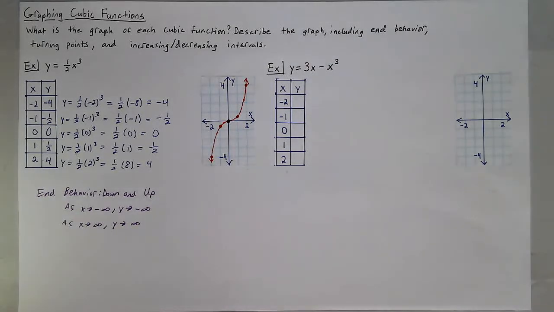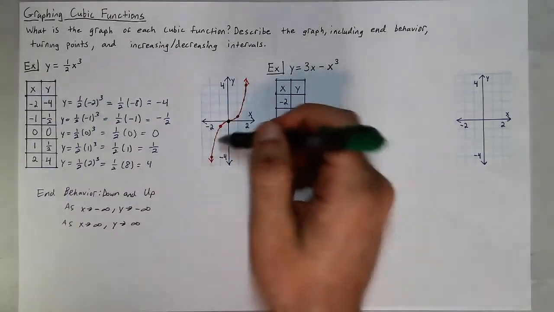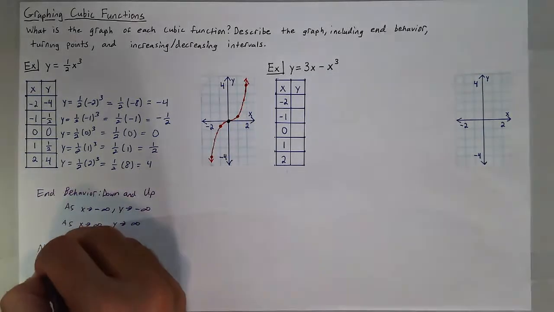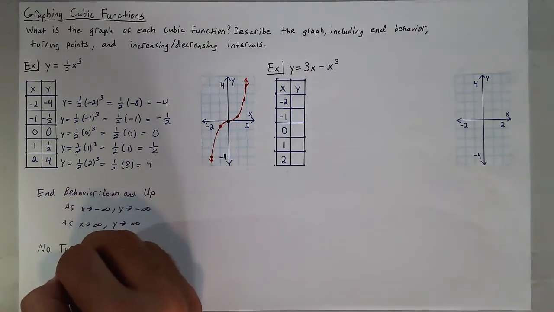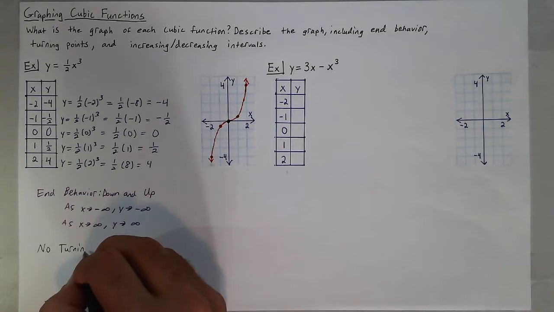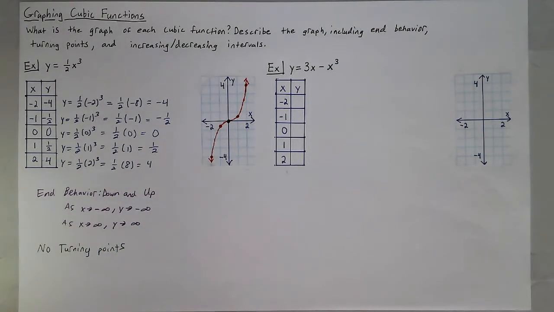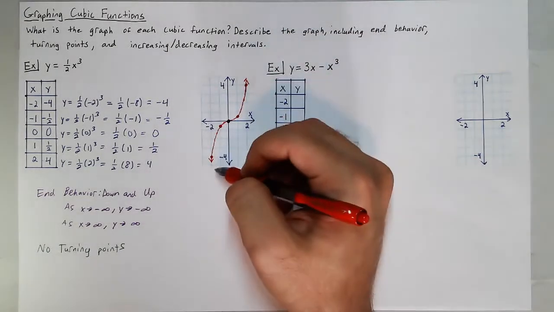I can see here that if I want to talk about turning points, it doesn't really turn around and go back down. It just kind of keeps going up. So there are no turning points. And then clearly this graph's always going up from left to right.